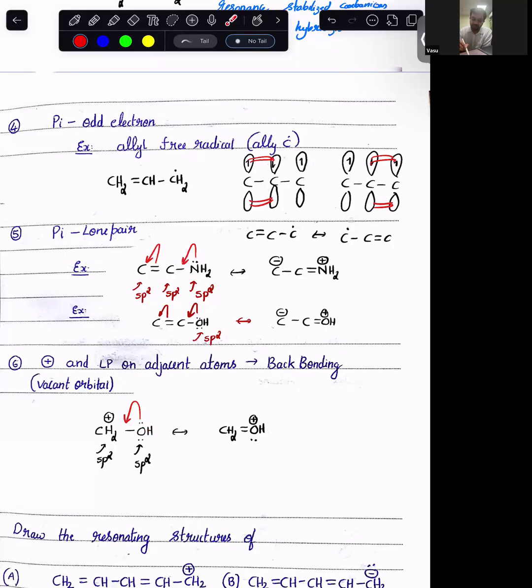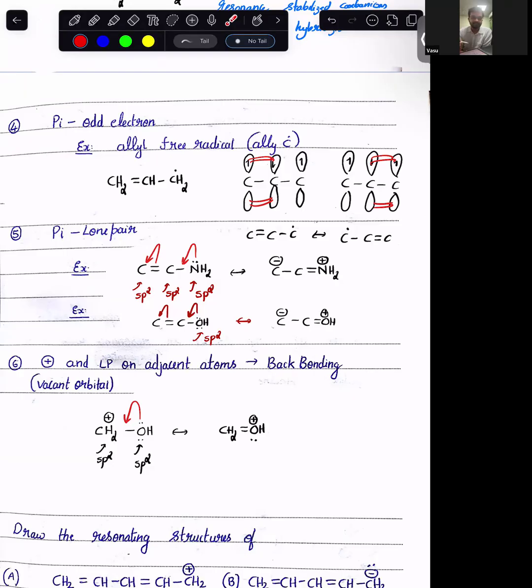Overall, oxygen may have that positive charge, but the entire structure is an octet complete structure. So this is highly stable when compared to this. It's not highly unstable, it is highly stable when compared to this because it is an octet complete structure. Though oxygen is bearing a positive charge, it is going to be highly stable as it is completing the octet of this.